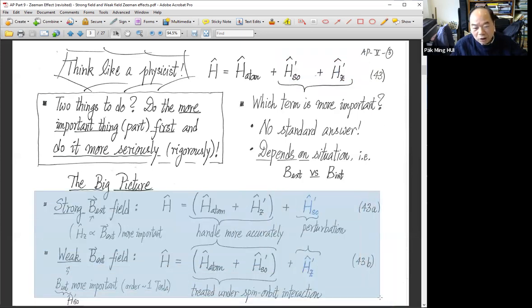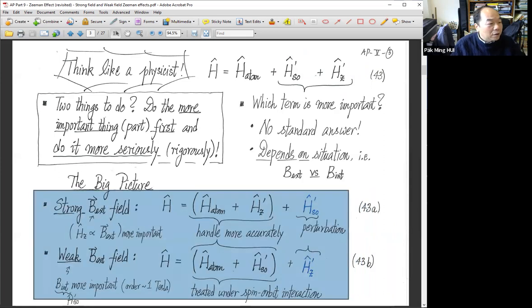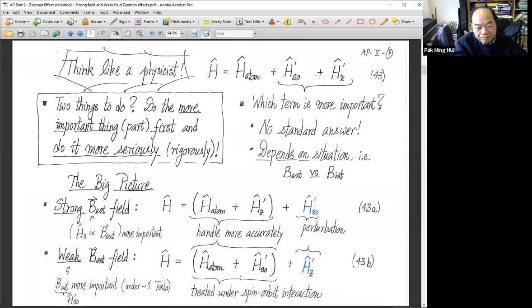Do you follow the logic? Strong field, do Zeeman first. Weak field, do the spin orbit first. Do you get the concept? Get the idea? Okay, so let's move on.